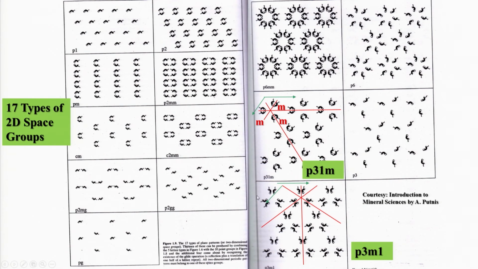This mirror plane is parallel to the translational direction here. But when 1 comes at the end and we call this space group 3 m 1, then let us see what happens here. Let us see this particular orientation here. Now, the mirror plane is in this orientation and this orientation, because in 3 m we now know that there will be 3 mirror planes here.